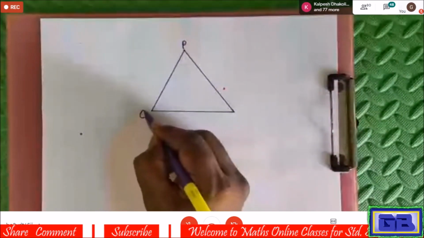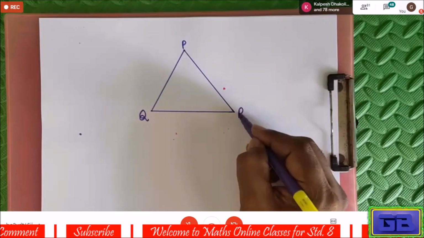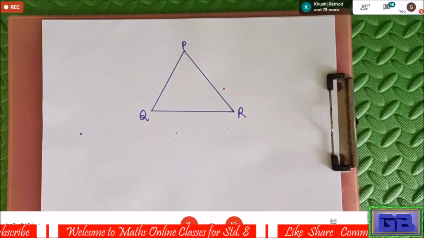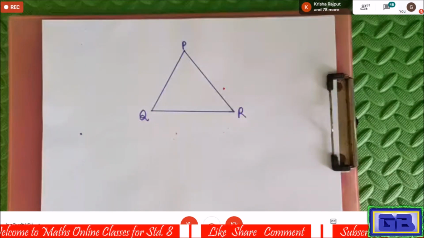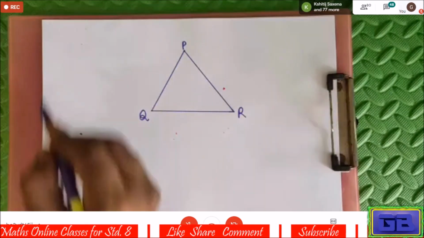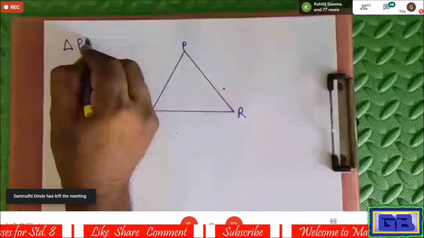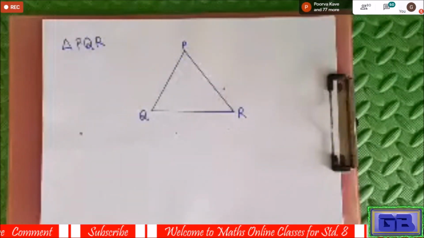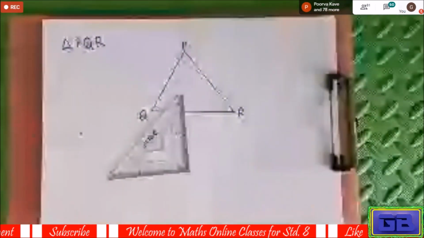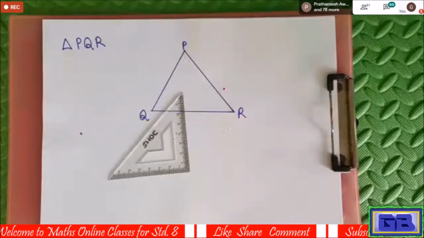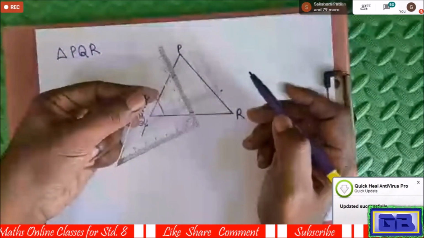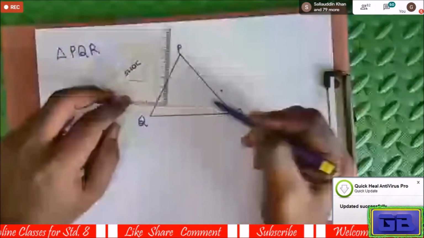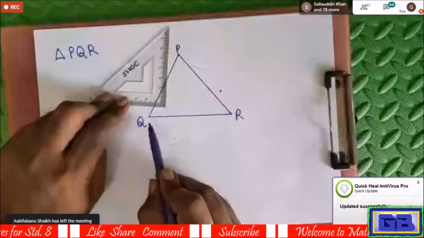P, Q, R. Draw this acute angle triangle PQR. Now take a set square. You can take any set square. I am taking this set square. First I will take QR.